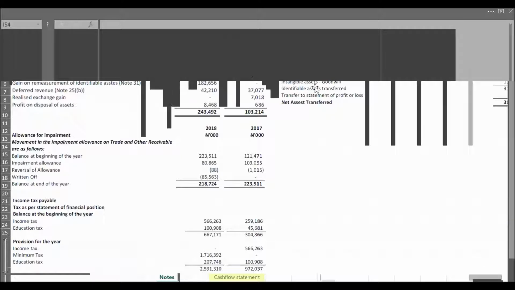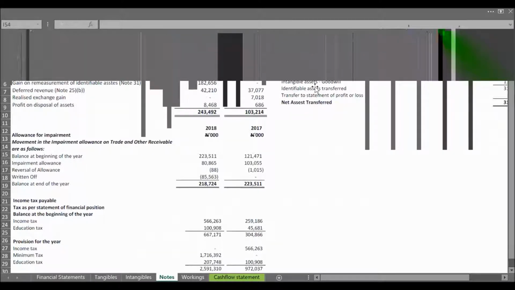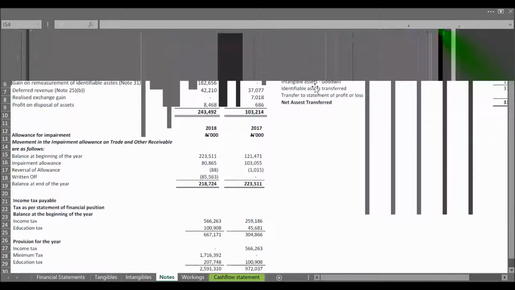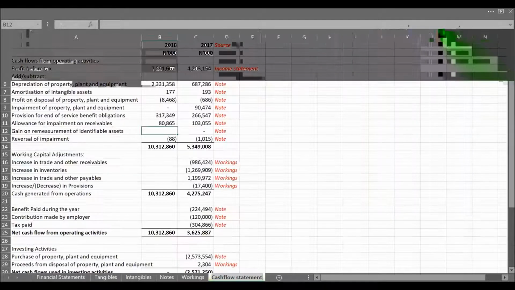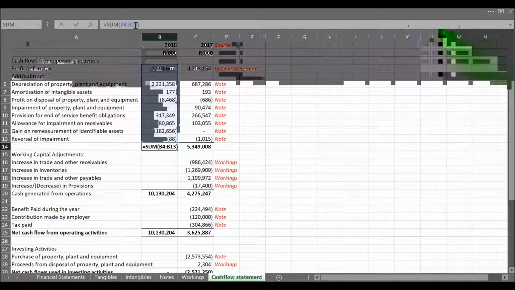The gain on the remeasurement of the net identifiable assets was recognized as part of other income, and this was added to profit. So for the cash flow statement, we're going to deduct it, which is minus 182,656. All right, so this is the sum of the total adjustments.